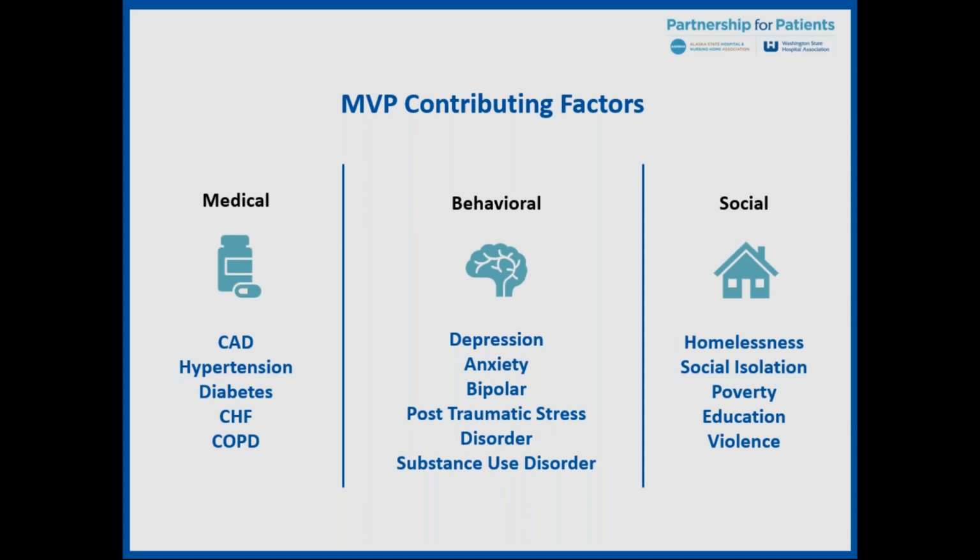This is just a high-level overview of what those buckets might look like. This list is certainly not exhaustive, but we are quite familiar with the medical conditions that bring our patients to the hospital. But the behavioral and social factors outlined here are often unaddressed or unmet needs of our patients that are not easily identified by the way our health system currently works.